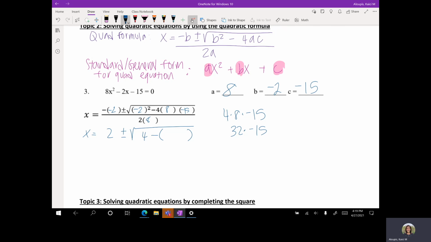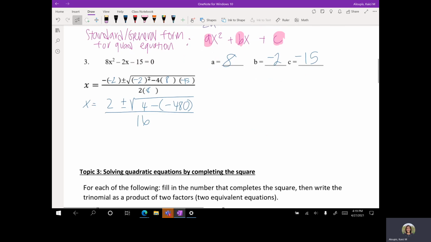But it's negative 15, and if we have one positive and one negative, that's negative 480. Negative 480 is when you multiply 4, a, and c. And this is all over, well, 2 times 8 is 16. Okay, next little bit, we're just cleaning things up. You remember your PEMDAS, and that's how we're going to clean things up.